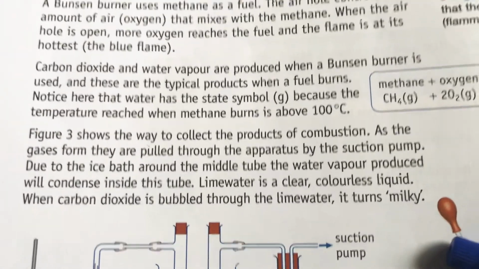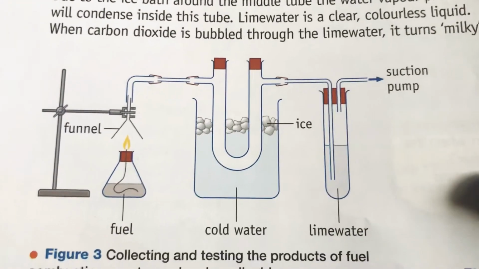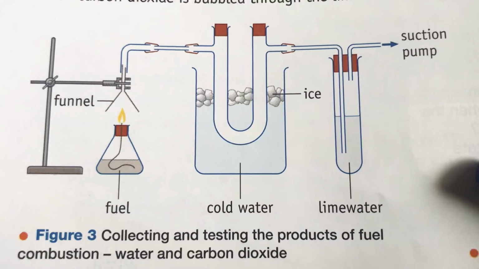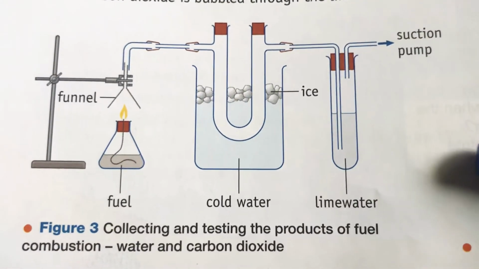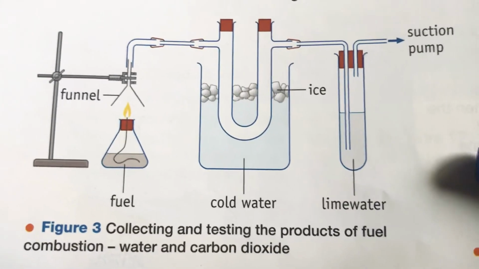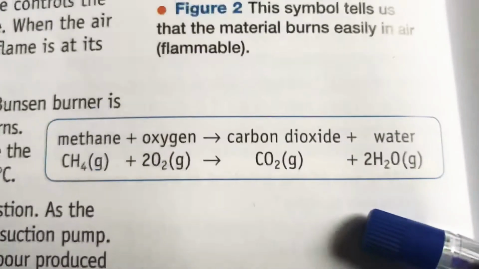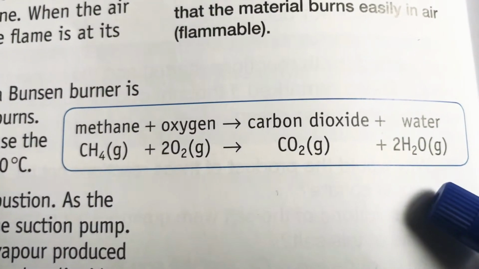Carbon dioxide and water vapour are produced as a result of it, and we can use this experiment to collect and test for those products of fuel combustion. This is a really important experiment because it proves to us that combustion will form these 2 chemicals, carbon dioxide and water.